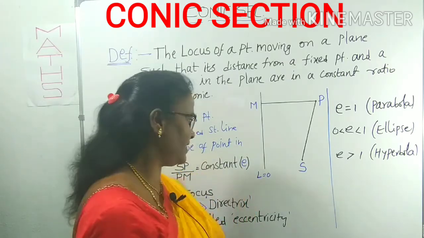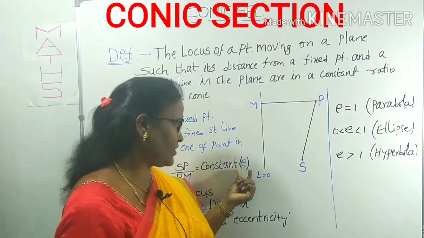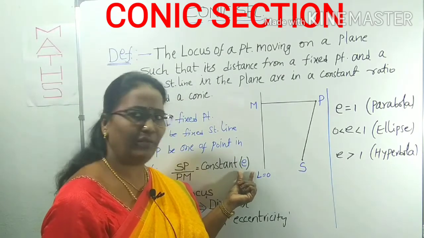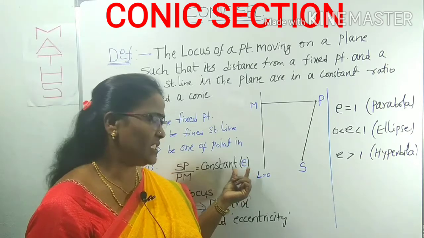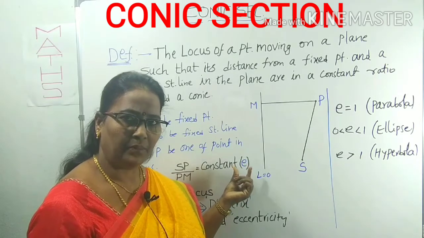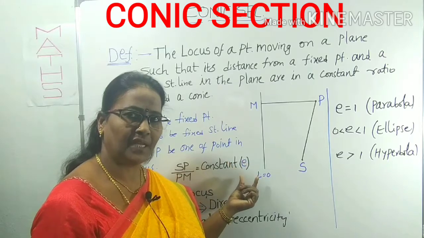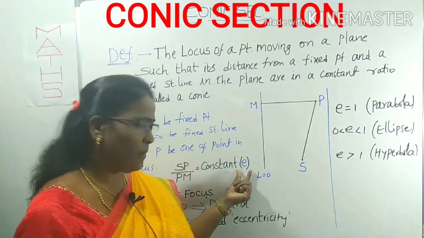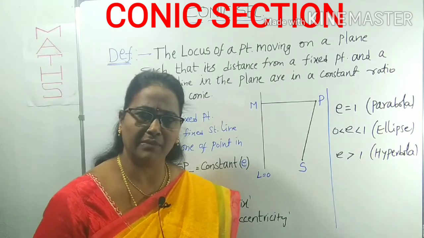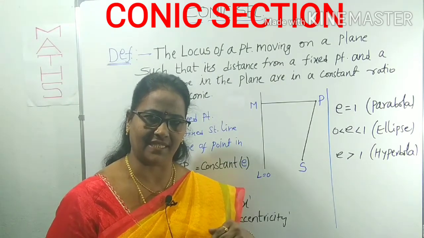What are the values of this constant E? This constant E always belongs to the positive real numbers. It can be a fraction or an integer, but positive real numbers. Depending upon the E value, the conic becomes three types of curves.